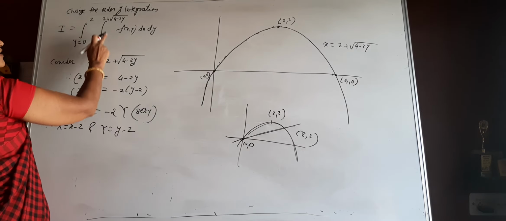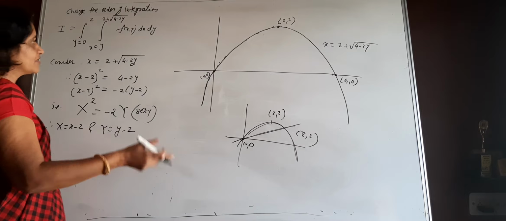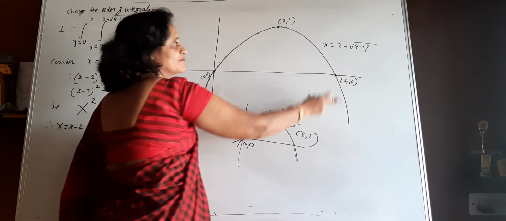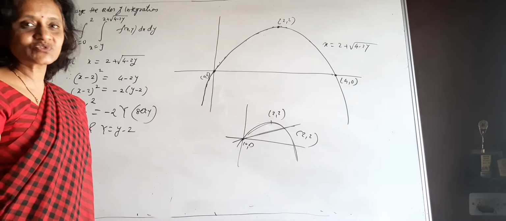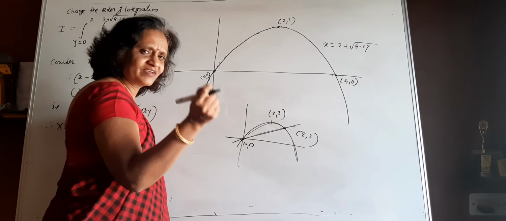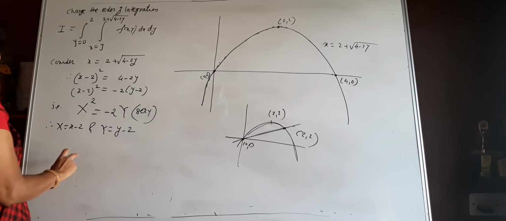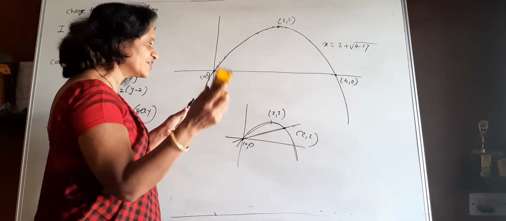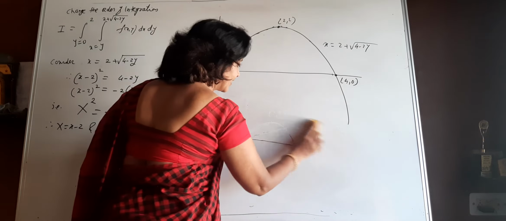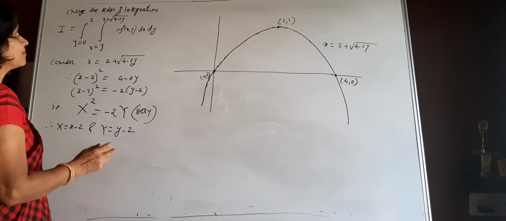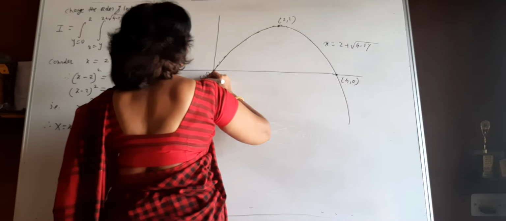It's very easy for you. x equal to y, you can put it in this curve. What is the equation of this curve? x equal to this. Put x equal to y and you can simplify. You will get the point 2, 2, and then you will realize your sketch is wrong. These are very common mistakes we observe in exams, that's what I am telling you. Immediately find the point of intersection, so even if you make a mistake, you can catch it immediately. So what you observed is, this is the line passing through this point 2, 2.